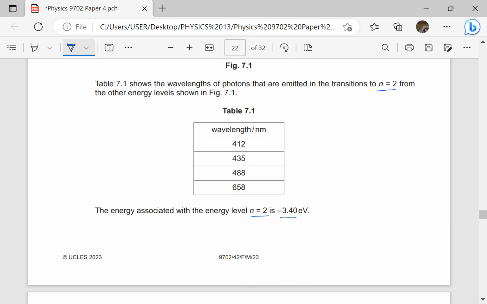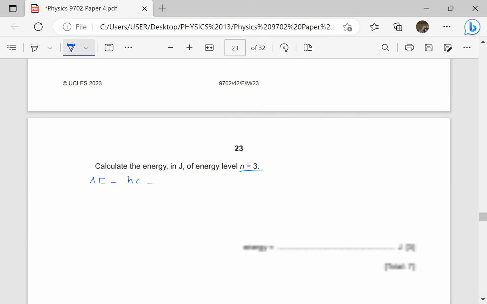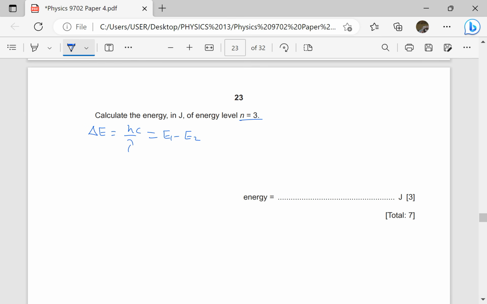So I'll say E1 minus E2, because remember all these energy levels are negative. So this will be equal to 6.63 times 10 power negative 34, that is for h, times 3 times 10 power 8, that is for c.